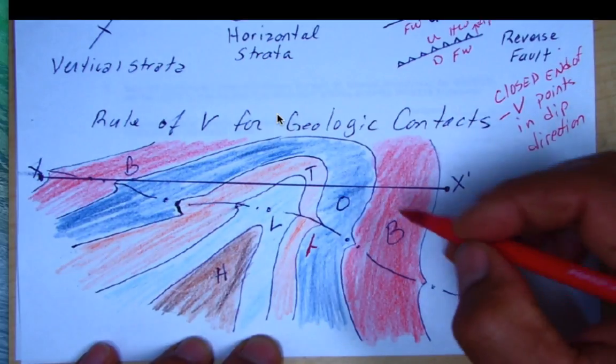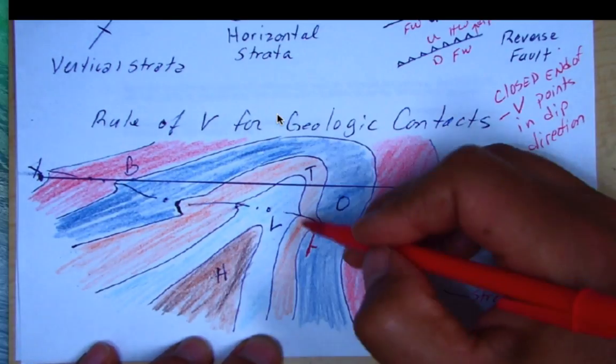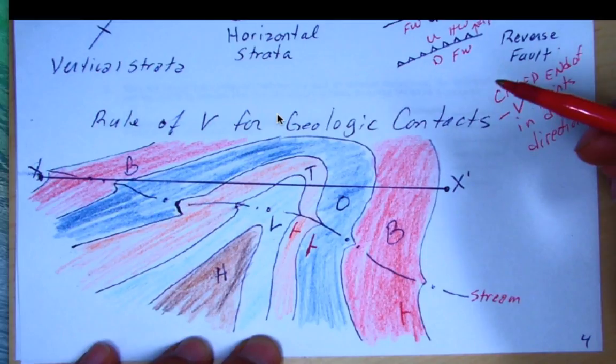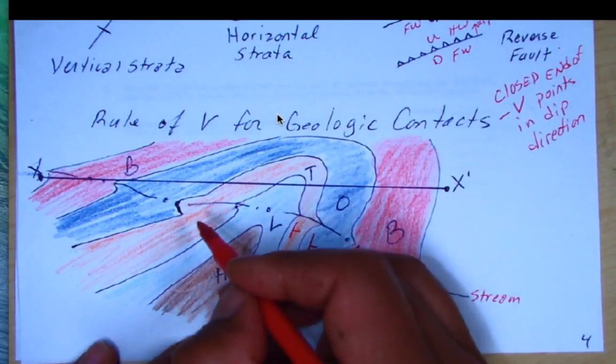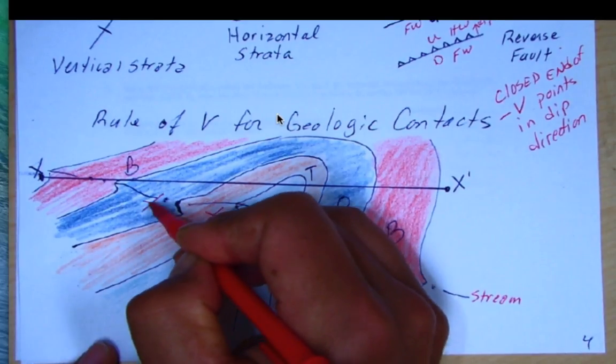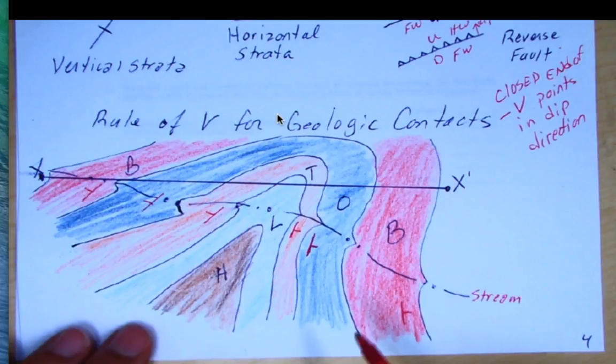And so here you can see that we'll show our strike parallel to the contacts but dipping off toward the east. Now over here you can see they're dipping off to the west. So strike and dip this way, strike and dip that way, right? So we see that we're going to have some fold here.